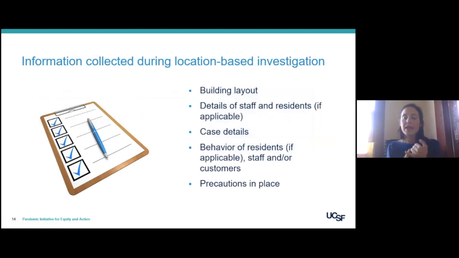You want to know about their ages. You want to know about, I think getting into the social circles is getting a little nitty gritty, but it's very important in things like schools. Understanding the behavior of the people who are involved and understanding what the details are about certain cases. So is there a case who went to a gathering outside of the facility that you're working with or something like that. Also, you want to look at the precautions in place.